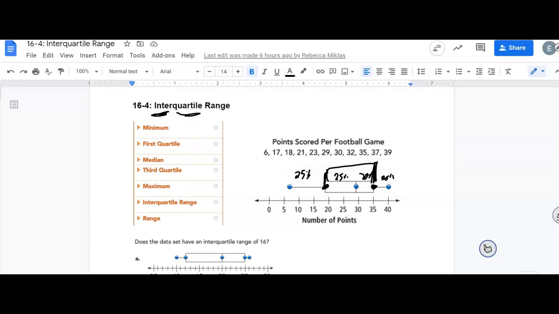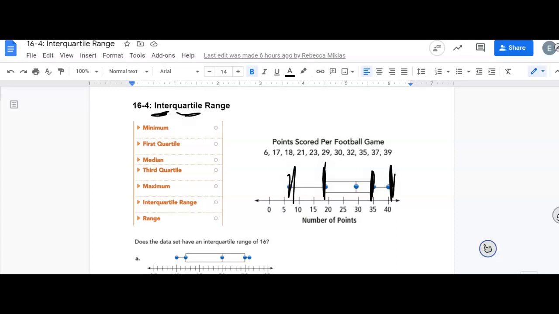Good. Instead of adding the numbers, we subtract this value minus this value. Just like when we find the range, you take the maximum minus the minimum. A range is going to give you a number using subtraction.